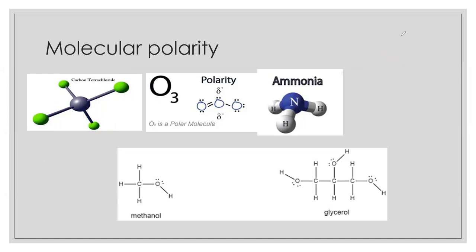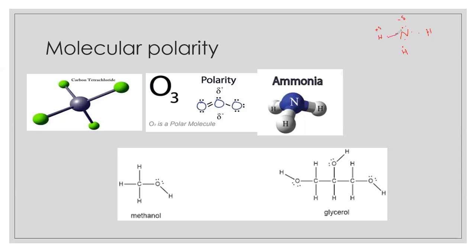So here is NH3. NH3 has, of course, 5 electrons for nitrogen, and hydrogen has 1 electron. Everyone knows the shape. The shape is pyramidal. And this will be more electronegative. It's going to be partial negative. Here is partial positive.